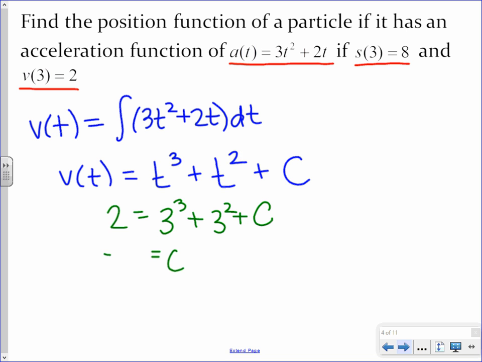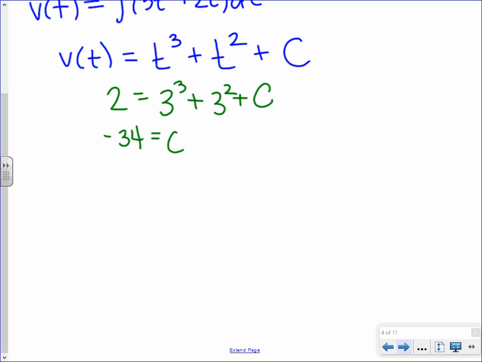Negative 34? Double checking. He's right. Okay. Great. So our velocity is t cubed plus t squared minus 34.